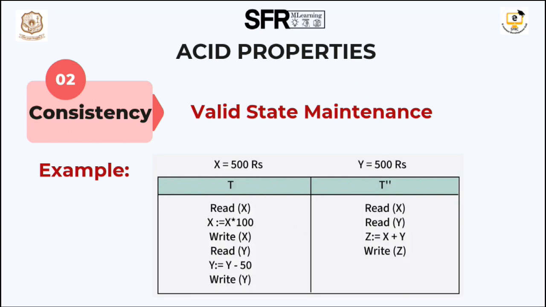If the transaction fails in the middle, like updating one account but not the other, the system should maintain its consistency by rolling back the transaction. So total before T occurs is 500 plus 200, that is 700. Total after T occurs is 400 plus 300, therefore it will be 700.